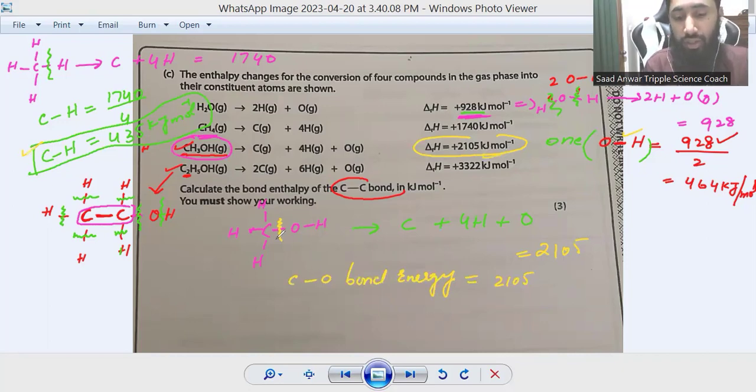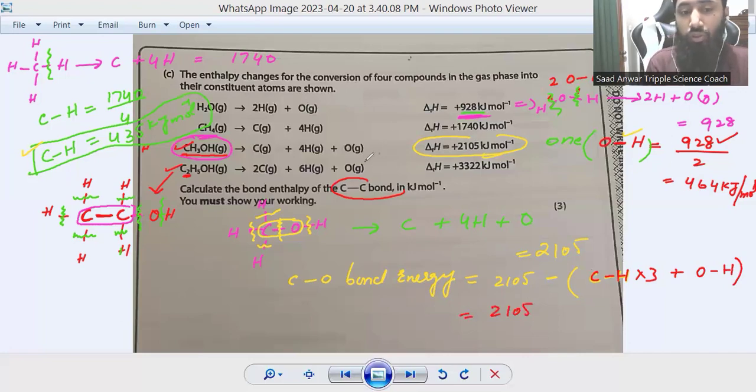Now I have to find just the carbon-oxygen bond energy. So if I subtract the carbon-hydrogen bond energy, 3 times because there are 3 carbon-hydrogen bonds, plus 1 oxygen-hydrogen bond, from 2105, the total energy needed to break all the bonds, I get the carbon-oxygen bond energy. The carbon-hydrogen bond is 435, so 435 times 3.